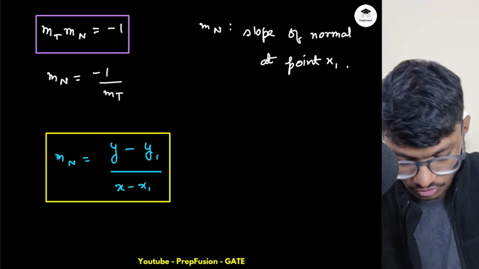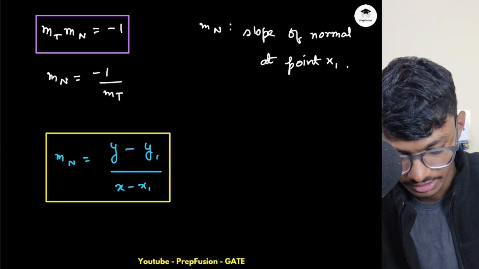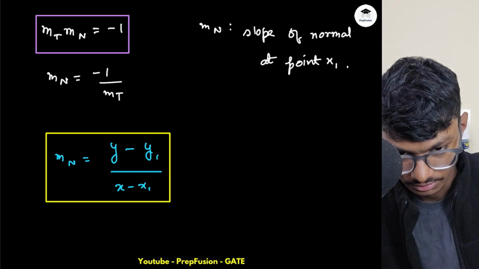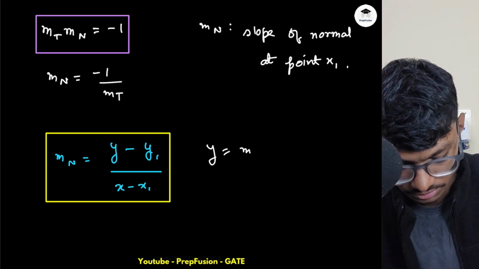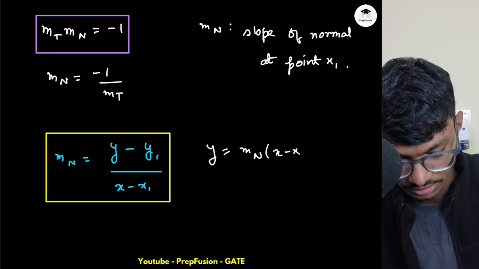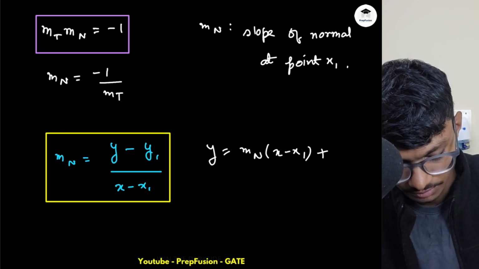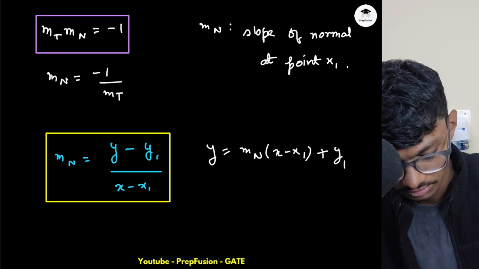times x minus x1. This can also be written, or you can write it like this: y equals mn times x minus x1 plus y1.